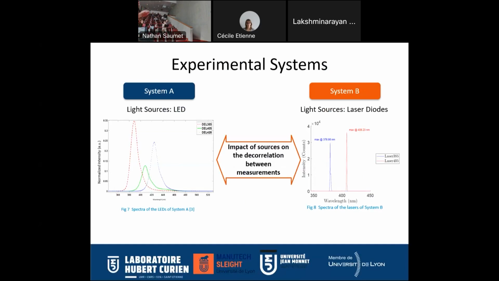Then we want to compare the impact of these two distinct fluorescence excitation sources on the decorrelation between the measurements, because high decorrelation will lead to a better addition of information with two excitation wavelengths of the fluorescence compared to a single one.